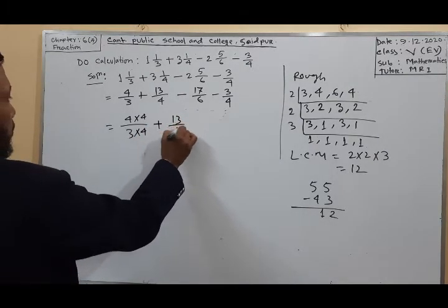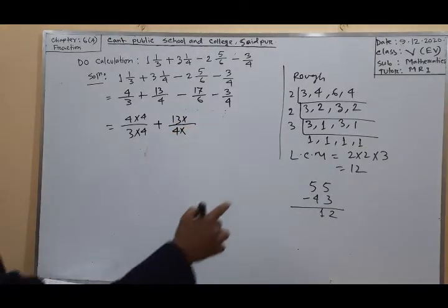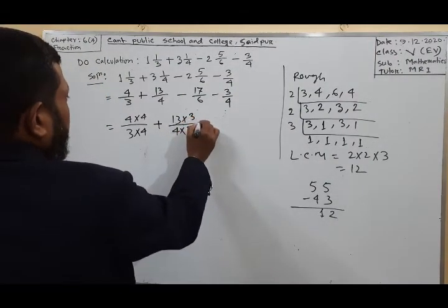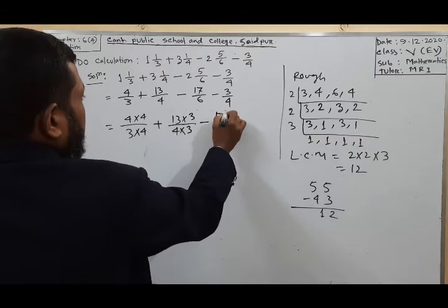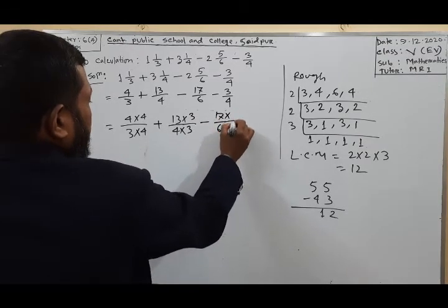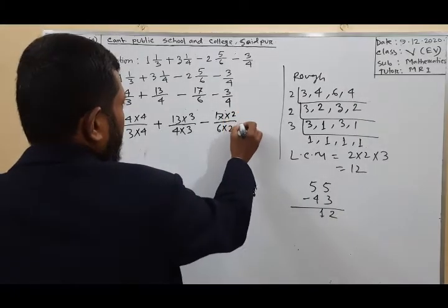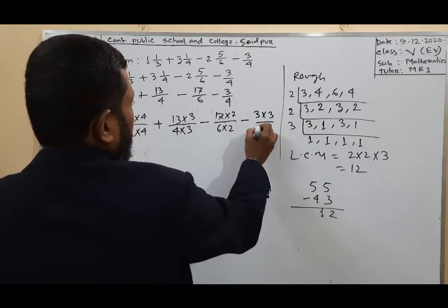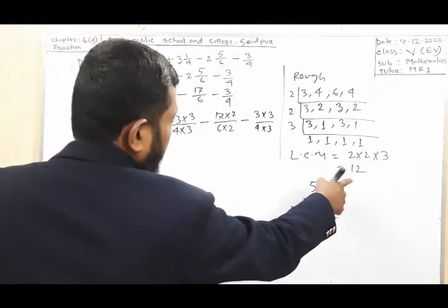Here 13 by 4. What number is required to make 12? Here 4 threes are 12, that is 3. Then 17 by 6. 2 times 6 will be 12, so 2 is needed. 3 times 3 is 9, because 4 times 3 will be 12.